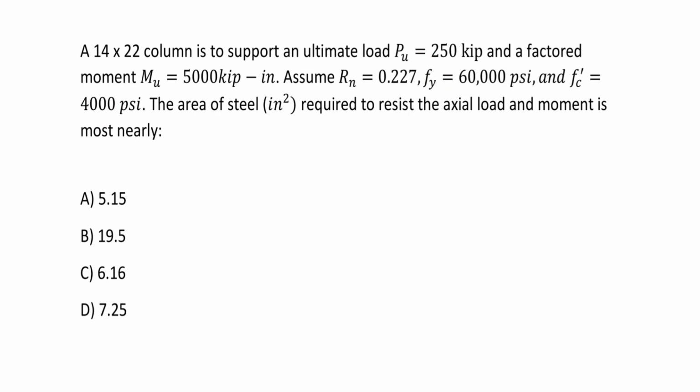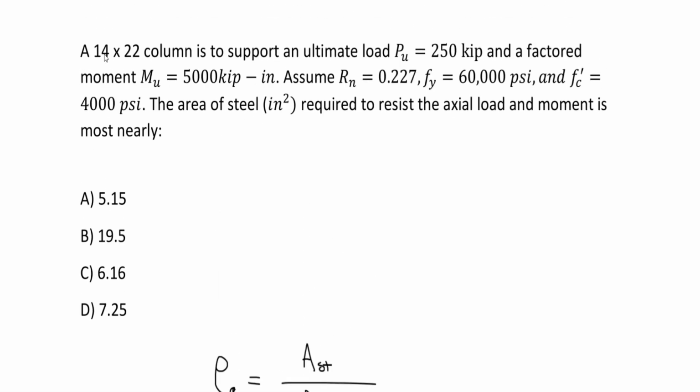The question asks us the area of steel in inches squared required to resist the factored load and moment is most nearly what? So what is the area of steel required for this column? That's our unknown. What do we do first?